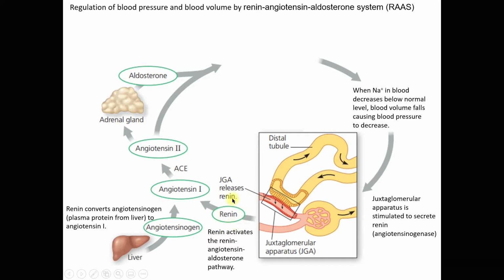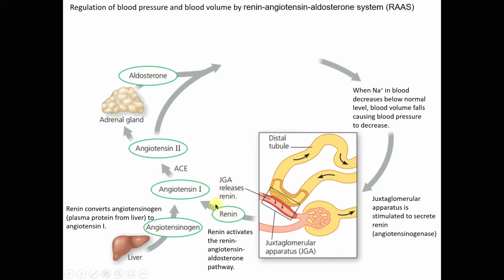So how does this renin activate this RAAS? This renin will convert the angiotensinogen, which is being secreted by the liver, into angiotensin 1. Let me rephrase.